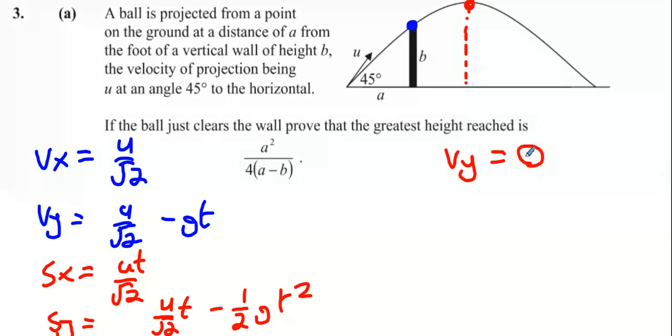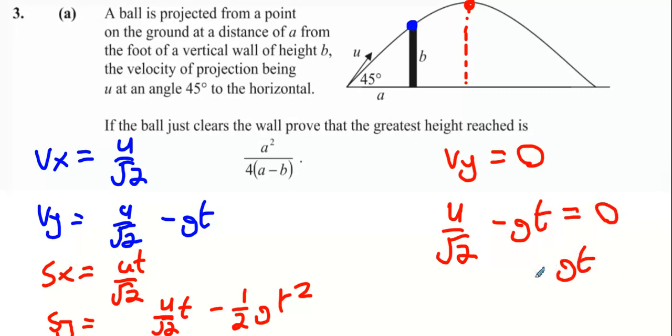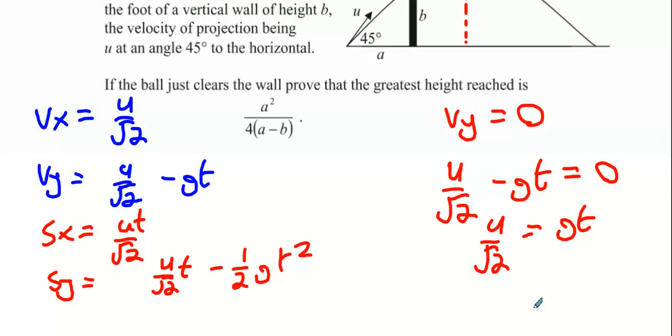And this is getting you your first 5 marks. You're on 9 out of 25 or even 10 out of 25 now. All you're going to say is u over root 2 minus gt equals 0, gt equals u over root 2, and then t on its own. T is u over root 2g.